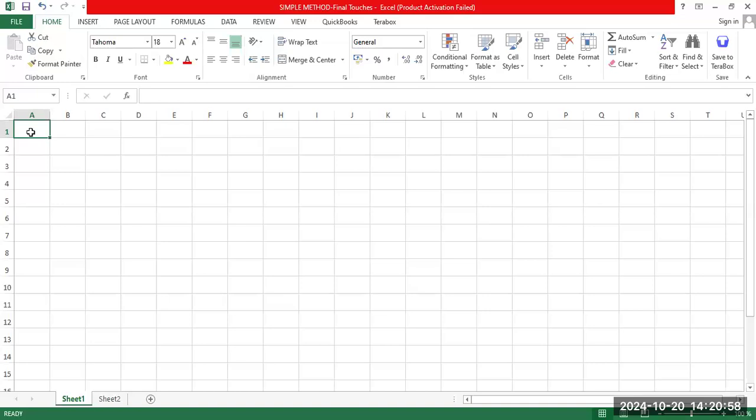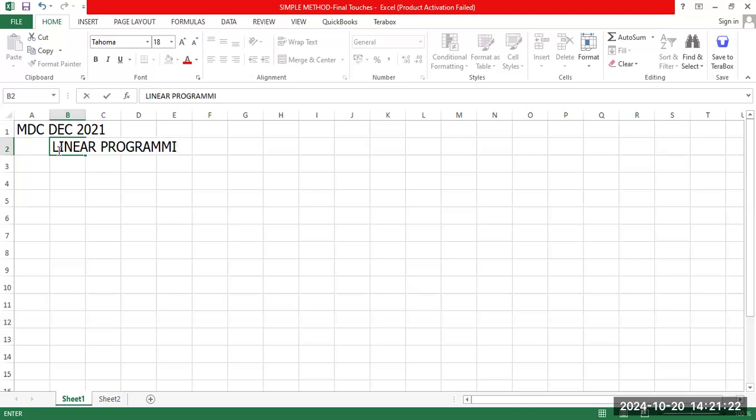This was asked, this is an MDC question, December 2021. And our focus is about linear programming. So our focus is to use Simplex method, okay?